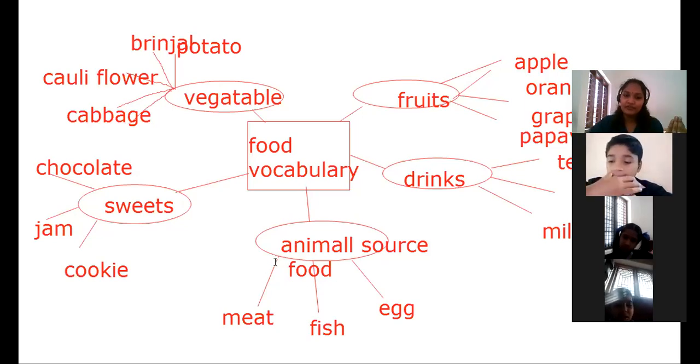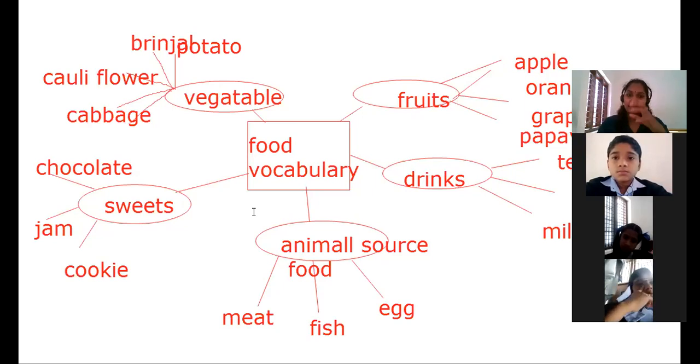There are different types of animal source food like meat, fish, egg. And in the category of drinks, we have tea, water, milk, and fruits, apple, orange, grapes, papaya. It goes on like that. So all the terms related to food can be represented like an image or graph, right? It is a graphical representation.